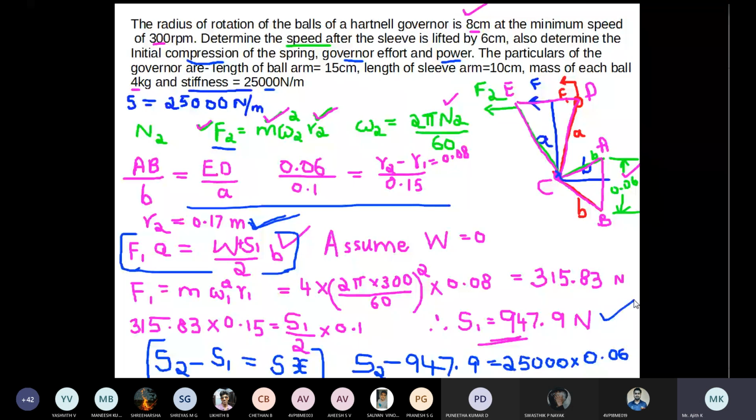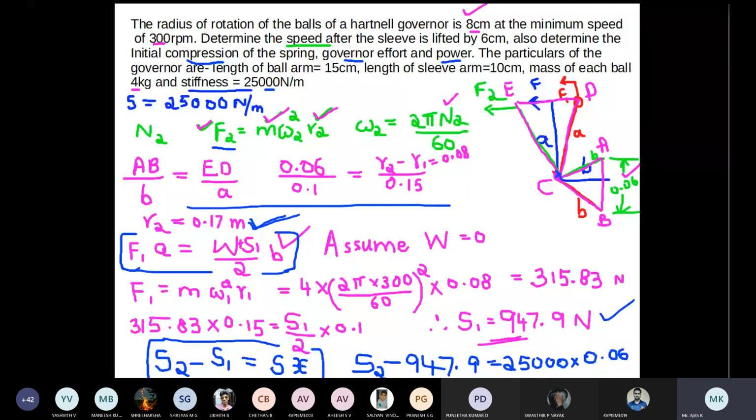In this problem, you have to use one more relationship between S2 and S1. S2 minus S1 is given by S into X. Here S2 is unknown, small letter S is spring stiffness, and X is lift of sleeve. All the values are given, so calculate S2.